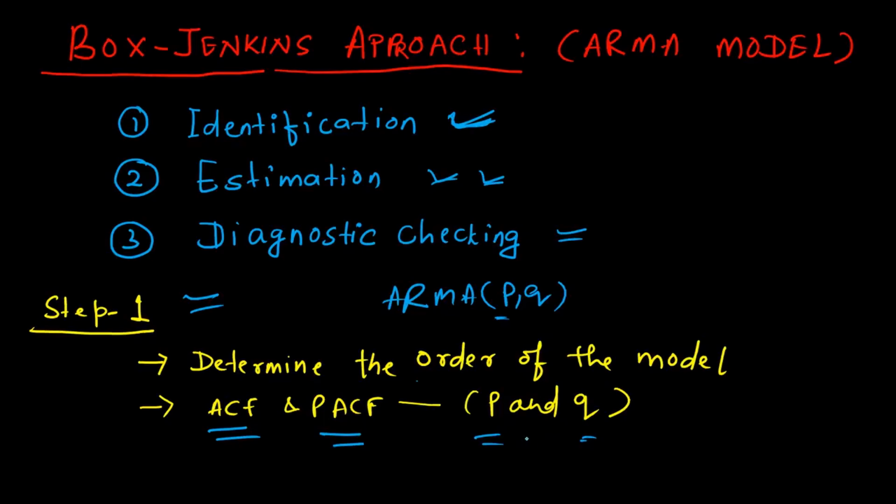PACF and ACF are of course a very good way of determining them, but there are also additional ways of doing that. So in the first step, all you do is find out the P and Q values.